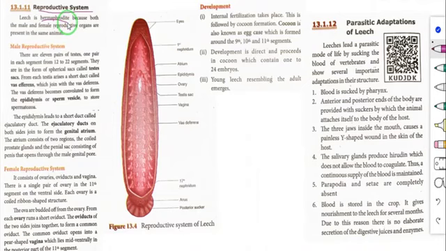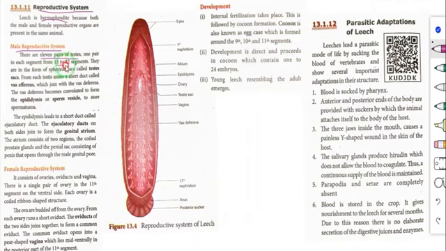First, let's see the male reproductive system. There are 11 pairs of testes, one pair in each segment from 12 to 22 segments.